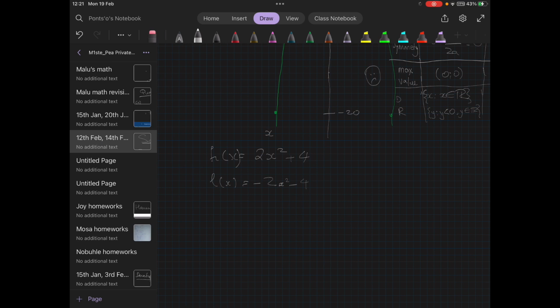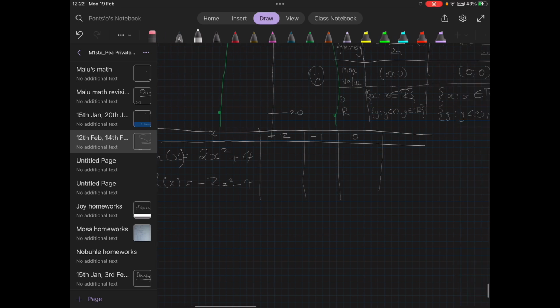And we must do a plotting for x equals negative 2, negative 1, 0, 1, and 2.